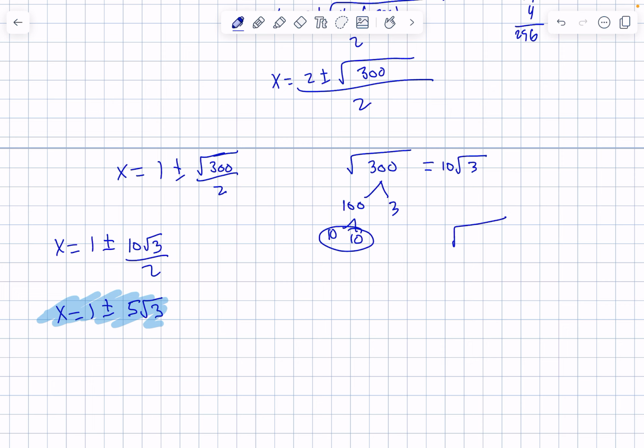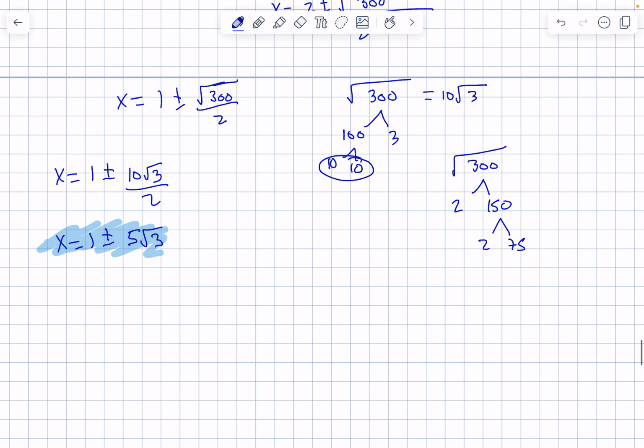Now, if you didn't think about it like that, totally fine. So think small. So 2 times 150, okay? Now think about this as 2 times 75, and then think about this as 3 times 25. And then this is a perfect square, so hopefully you can recognize this one as 5 times 5.